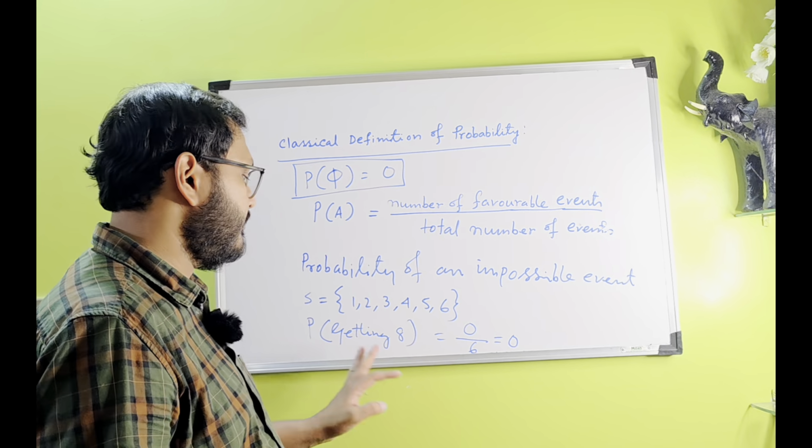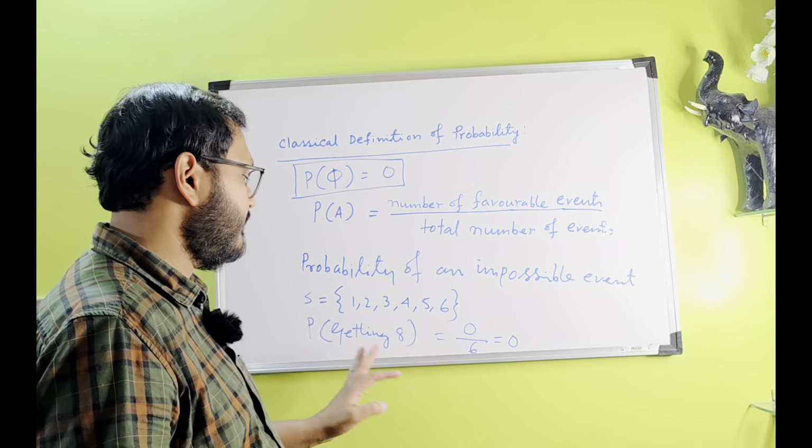So can the number of favorable events be more than the total number of events? No. Why? Let us take an example. Rolling a dice, random experiment: 1, 2, 3, 4, 5, 6.